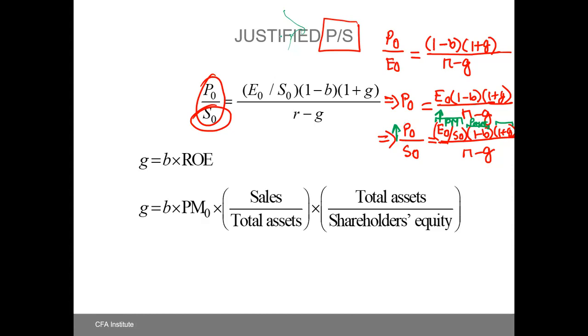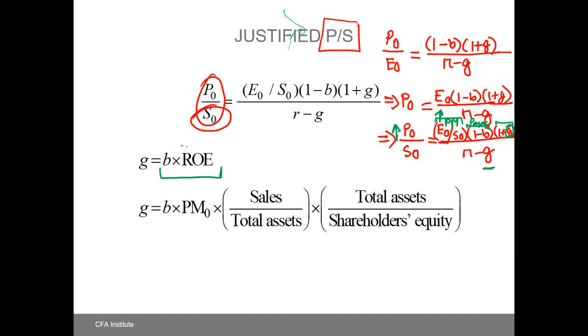So you see that G, can you recall that we also decomposed G in an earlier discussion? So G can be written in this way. This G, what we have written in the numerator, is also common in the denominator. But let's look at this first. So G is this. We can further break down G into the retention rate times the return on equity.